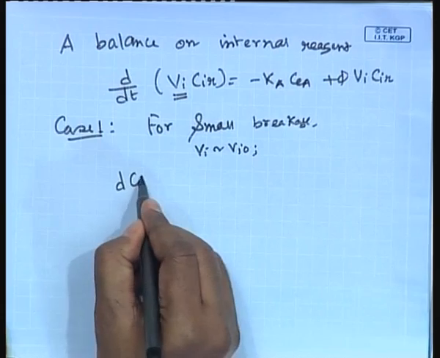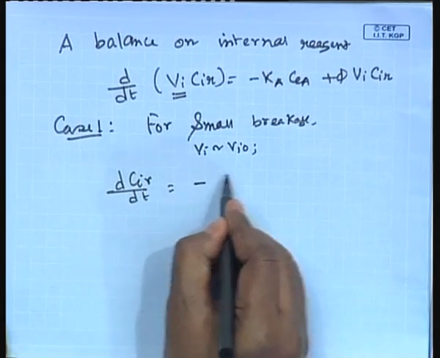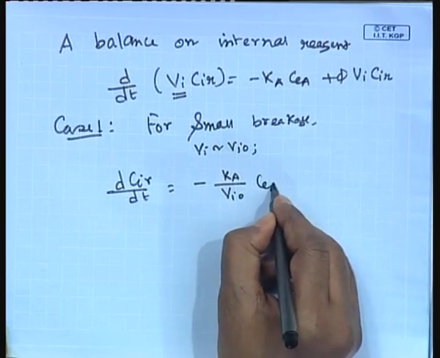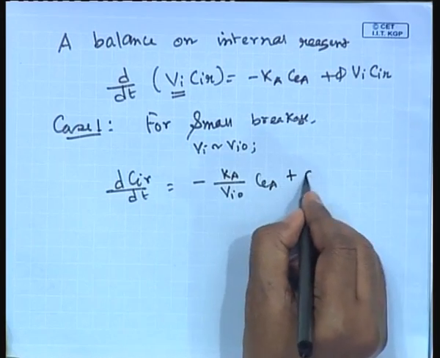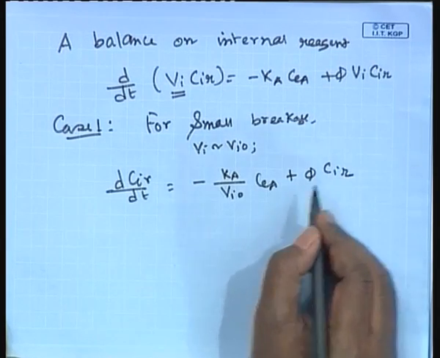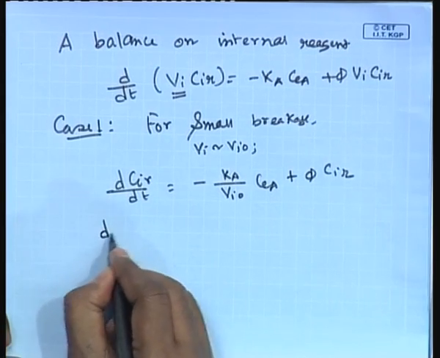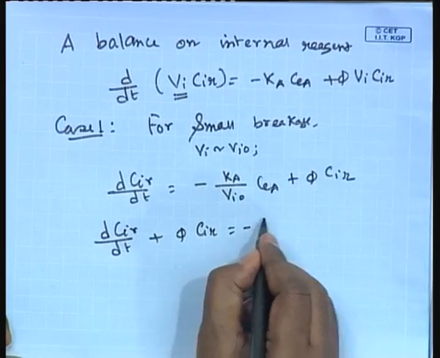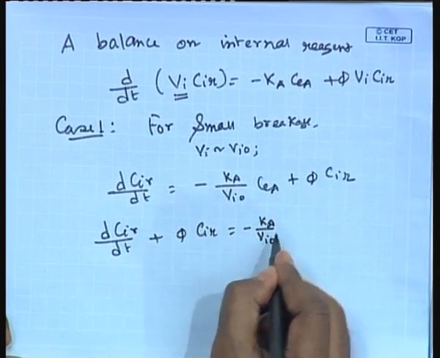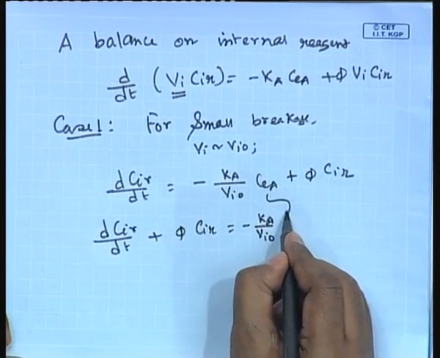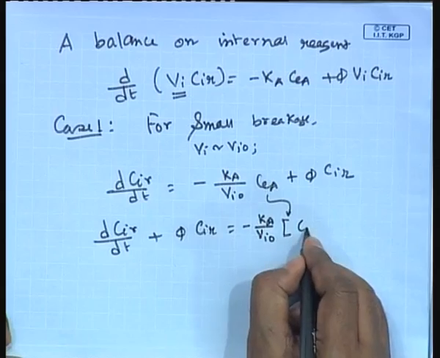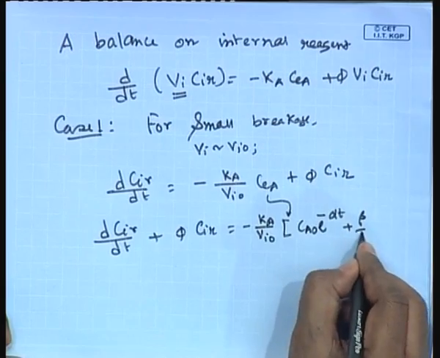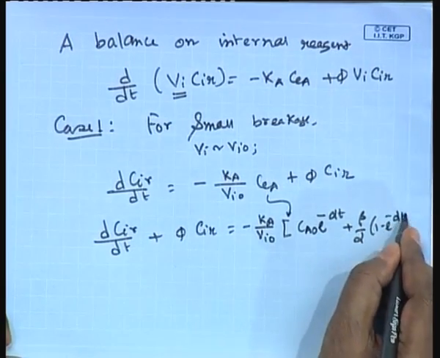Okay. So, dC_IR/dt will be minus k_a divided by V_I0 times C_Ea plus phi times C_IR. So, you will be getting dC_IR/dt plus phi C_IR is equal to minus k_a over V_I0 times C_Ea, and substitute the expression of C_Ea here, that we have already known: C_A0 e to the power minus alpha t plus beta by alpha times 1 minus e to the power minus alpha t.